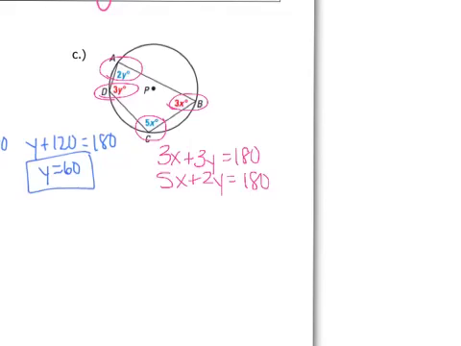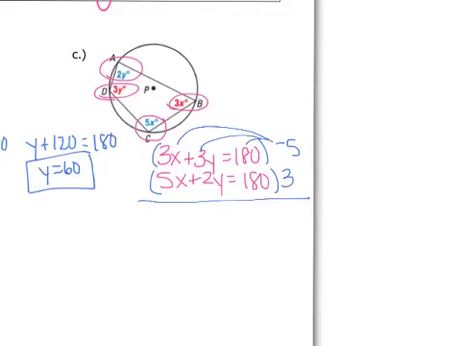Probably elimination is our best bet. We want to eliminate one of the variables. If we multiply the first equation by -5 and the second equation by 3, that will make this a -15 and this a +15, which would then cancel out.